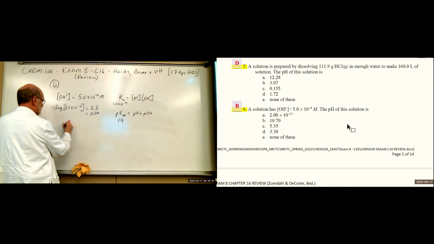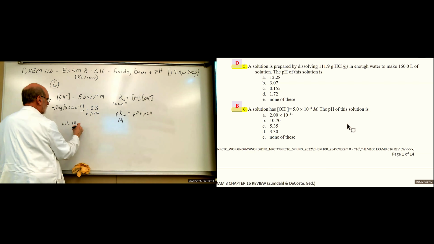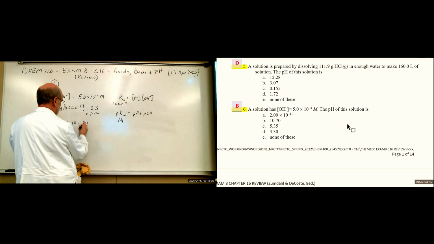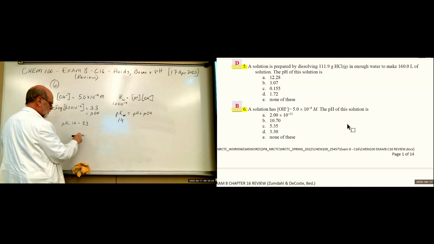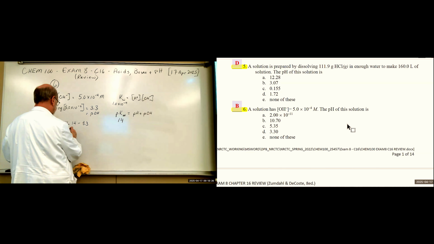Then the pH equals 14 minus 3.3. And 14 is an exact number, so we're only limited by this one.